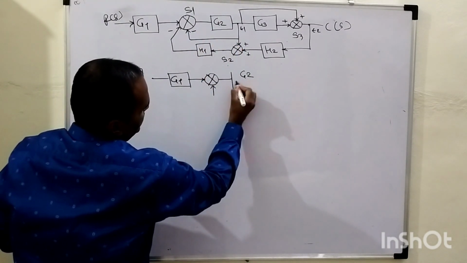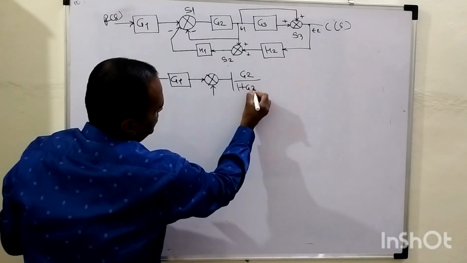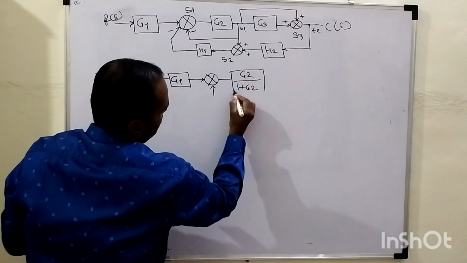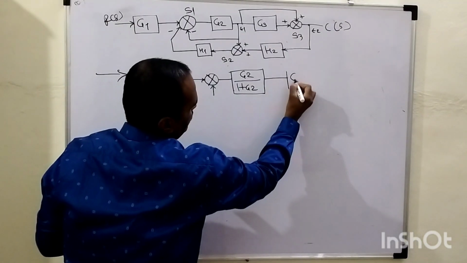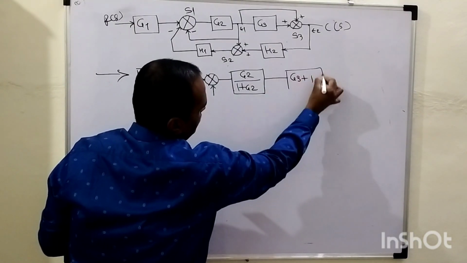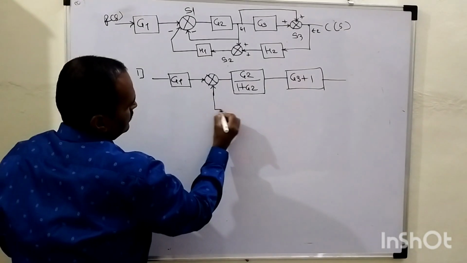As a result of elimination, it becomes G divided by 1 plus G into H, so G2 divided by 1 plus G2, because it is the unity gain feedback. At the same time, these two signals are added with each other, so as a result of addition, it becomes G3 plus 1. Remaining things as it is.